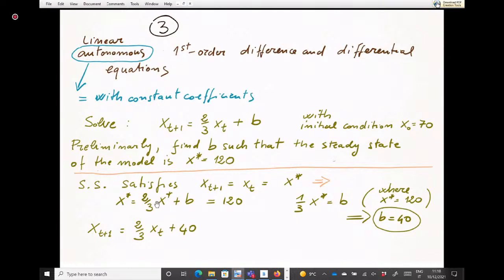So from this, we obtain that 1/3 x star must be equal to b. So the steady state is 3 times b. We want 3 times b to be equal to 120, which means that parameter b must be 40, in order for the steady state to be equal to 120. So the difference equation that we want to study is this one: xt plus 1 is equal to 2/3 xt plus 40.